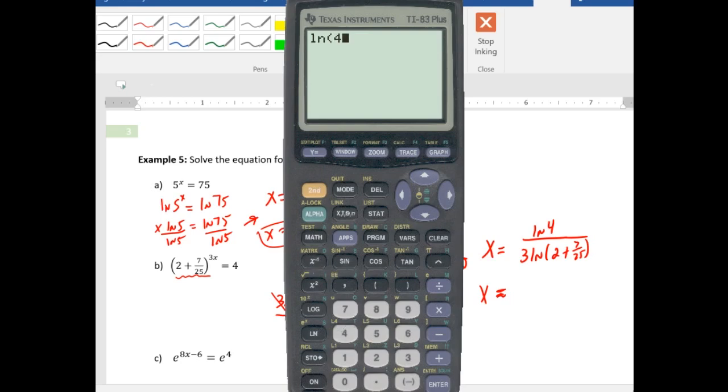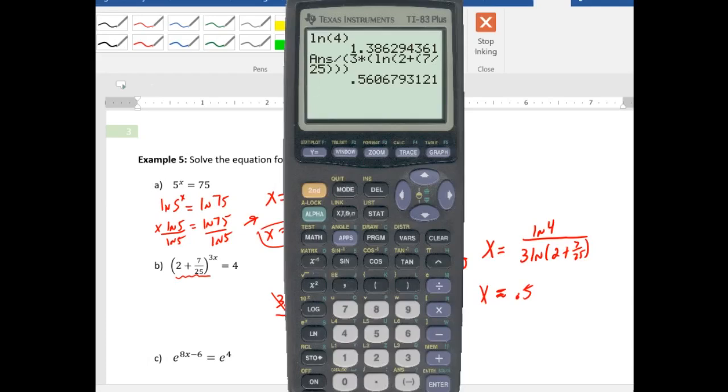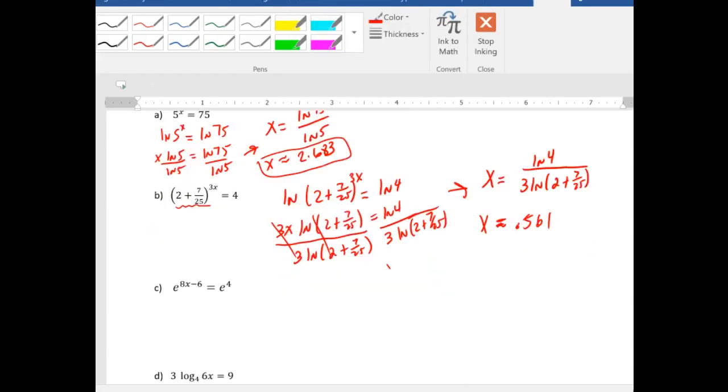Natural log of 4, enter, divided by 3 times natural log of 2 plus 7 divided by 25. Enter. So 0.5601.